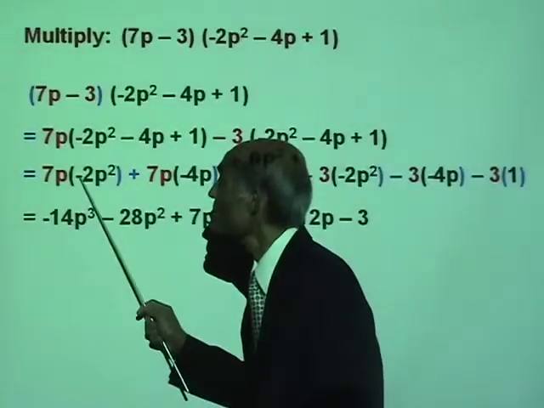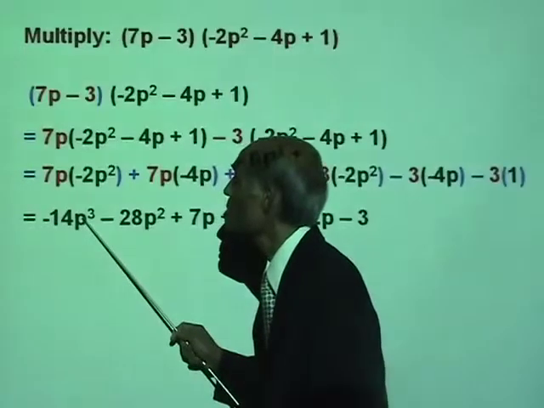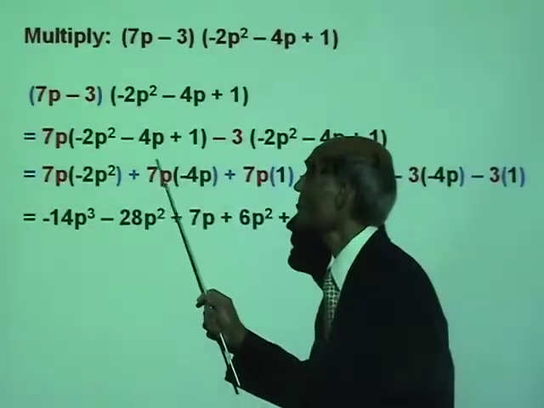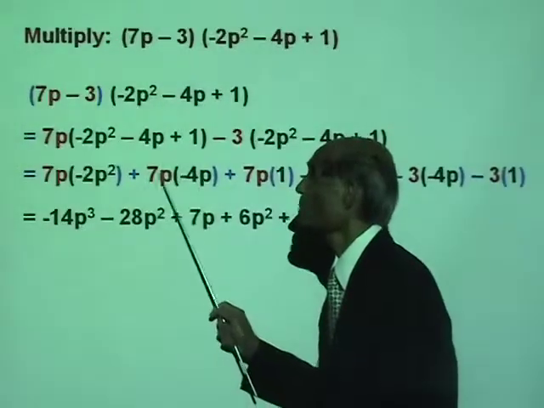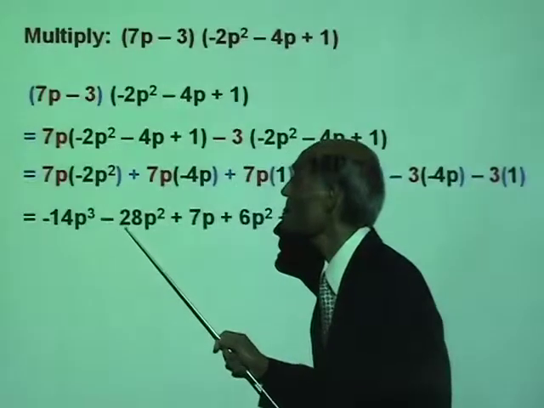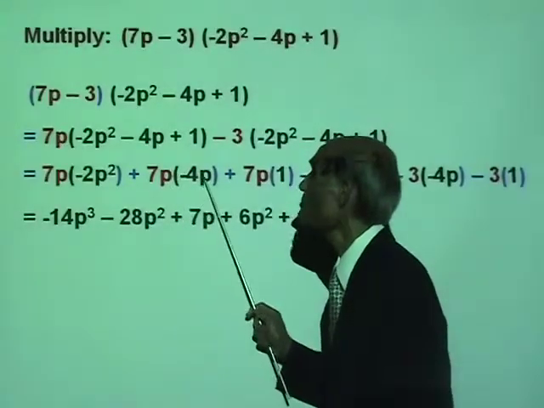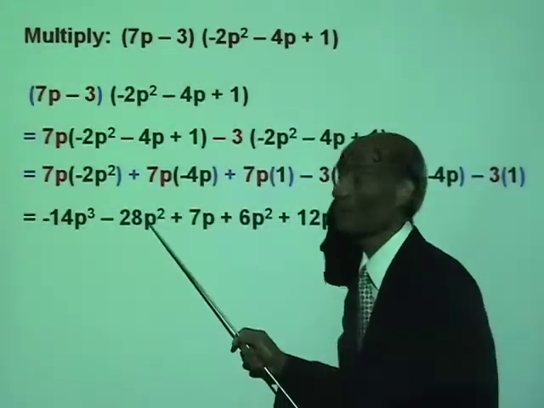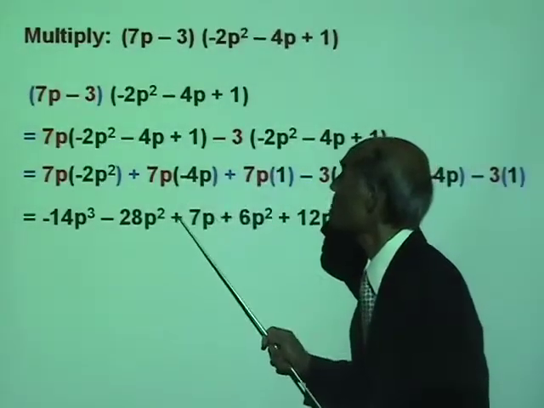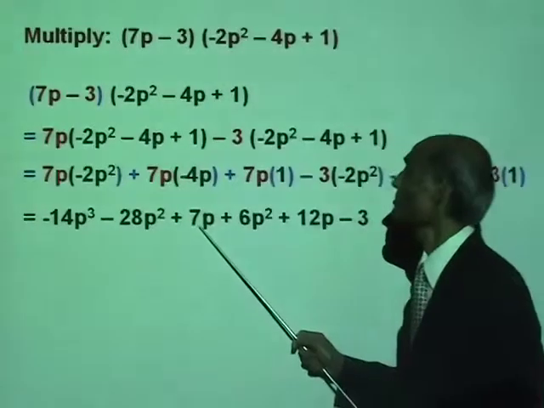This will be negative 14p cubed. Alright, come to the next term. 7 times negative 4 is negative 28. P times p is p squared. 7p times 1 is plus 7p.